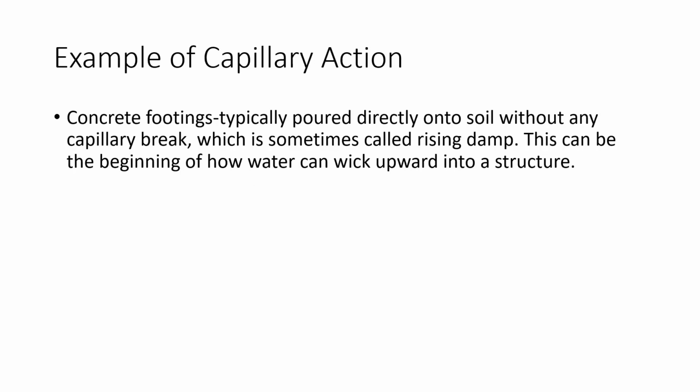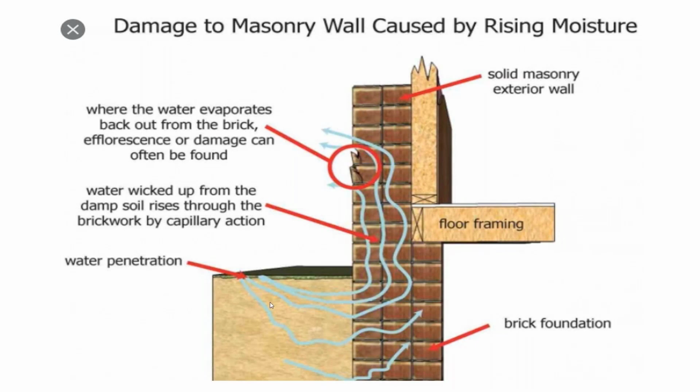An example of capillary action would be concrete footings that are typically poured directly onto soil without any capillary break, which sometimes is called rising damp. This can be the beginning of how water can wick upwards into a structure. They say that water can actually wick through 6 miles of porous materials.